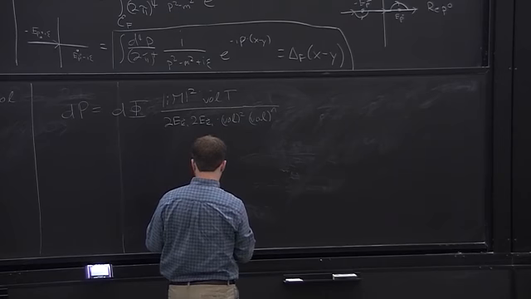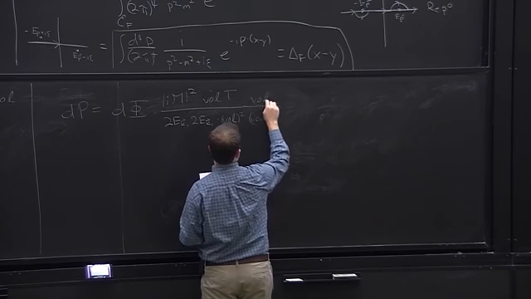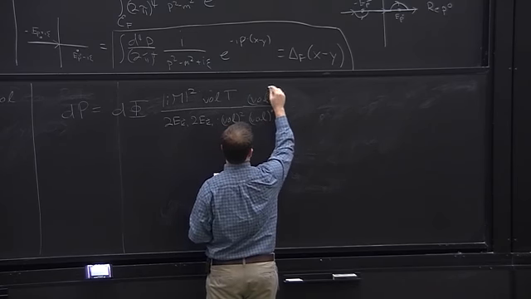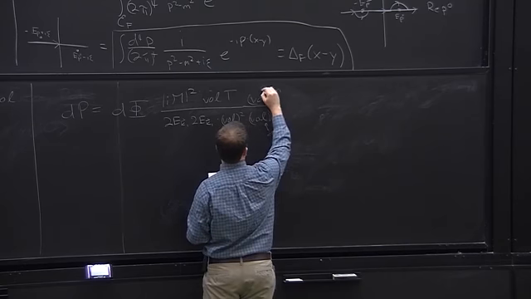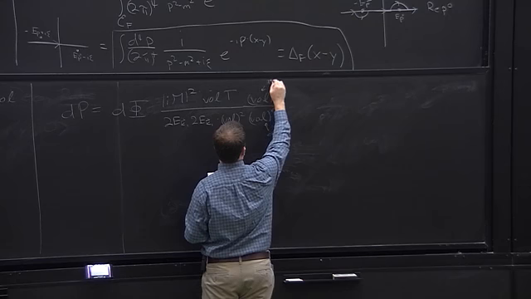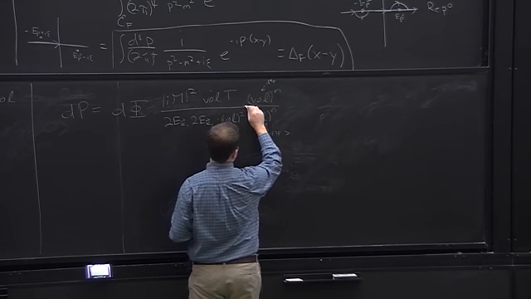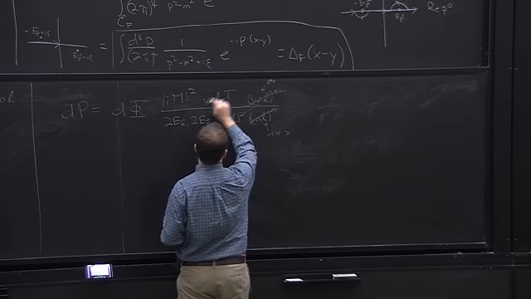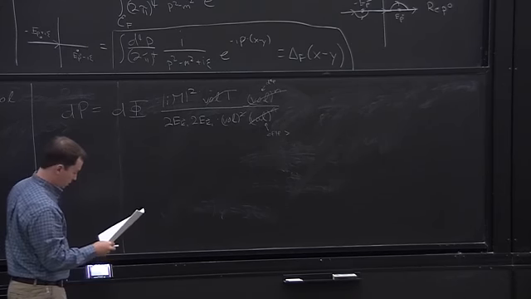And then from the momentum integrals, we have a volume to the n. This is from f. This is from d³p. And so most of these factors of the volume cancel, and we're just left with T over volume.